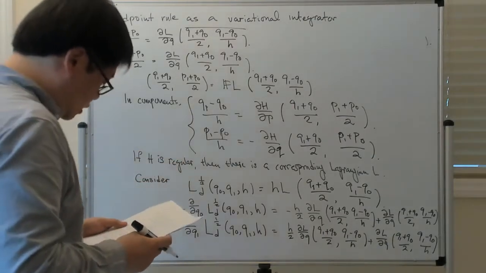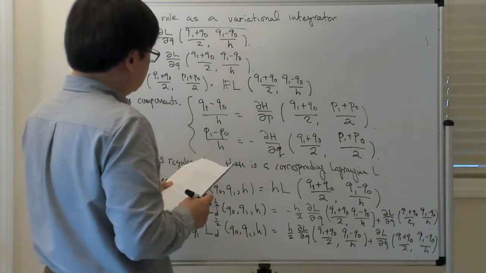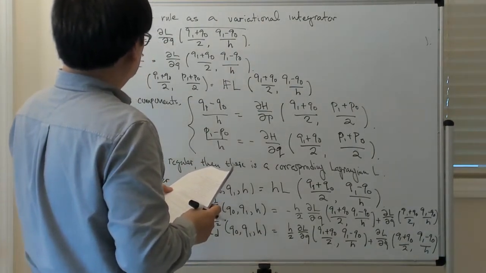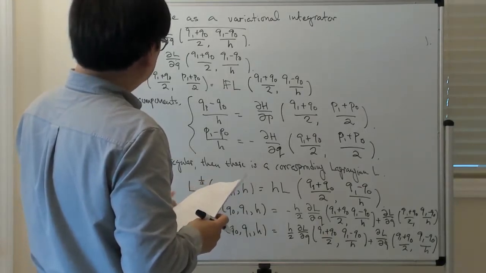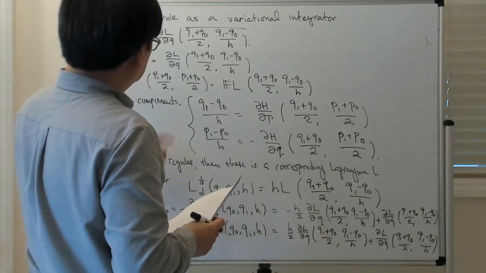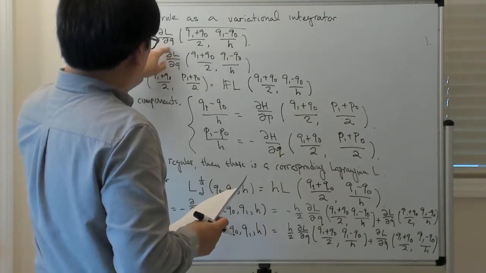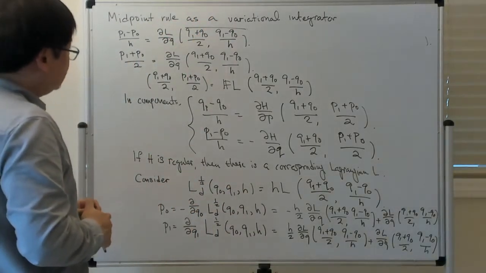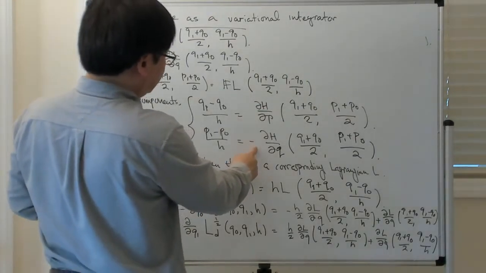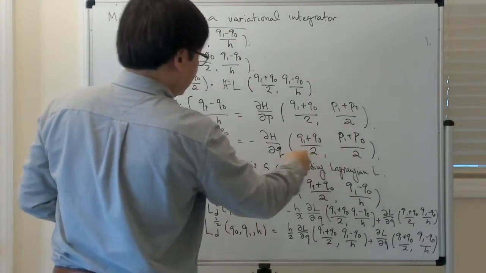Okay, all right, so what that is telling you then is that evaluating dL/dq on these things is equivalent to evaluating minus dH/dq with respect to these variables.